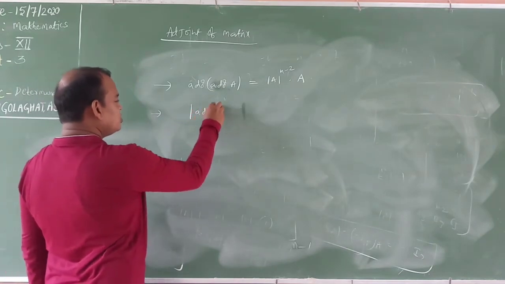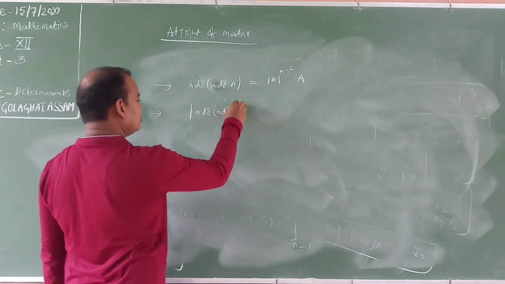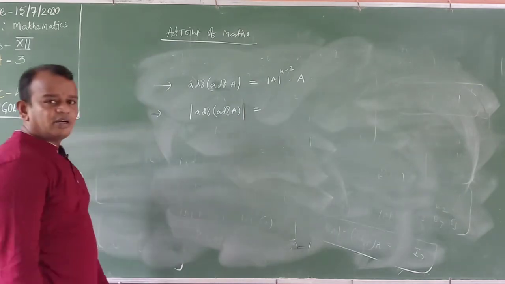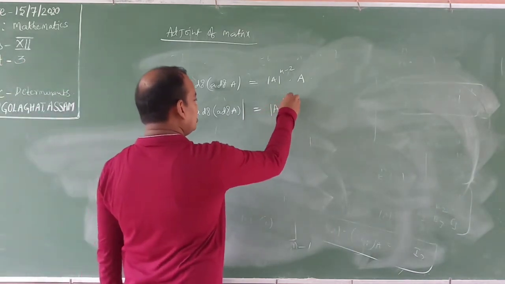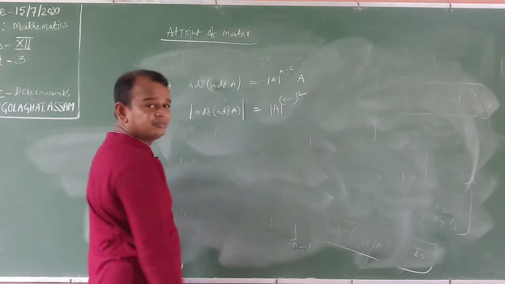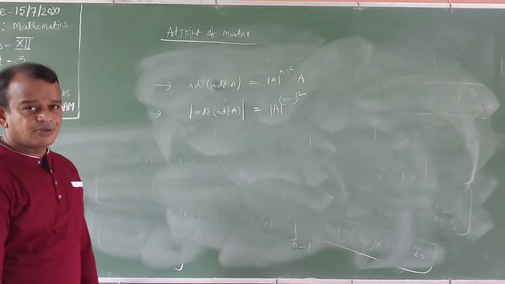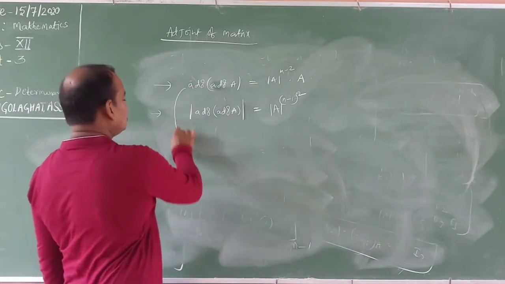Now the determinant of adjoint of adjoint of A is nothing but det A power n minus 1 whole squared. How do we get this? From this one; observe.